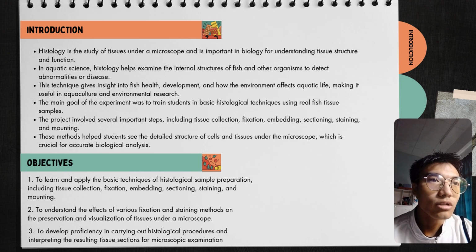Through the project, students worked with various types of fish tissue such as gills, liver, heart, and intestine. Each step in the histological process was carefully followed to ensure proper preservation and visualization of tissue structure.